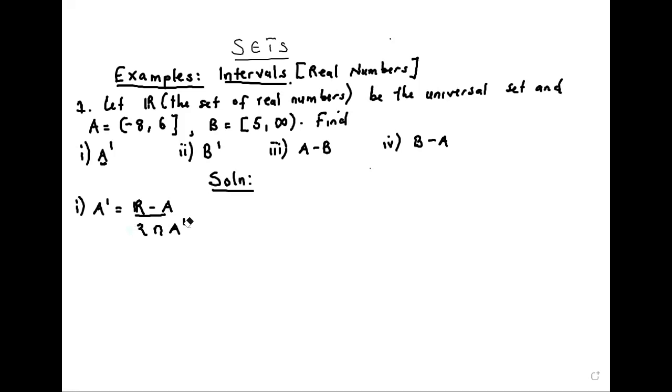So how do we find it then? Well, there are two options. I get the set A the way it is. We're given A is equal to -8 to 6, and I want A complement. Since the universal set is R, the interval is from -infinity to positive infinity.